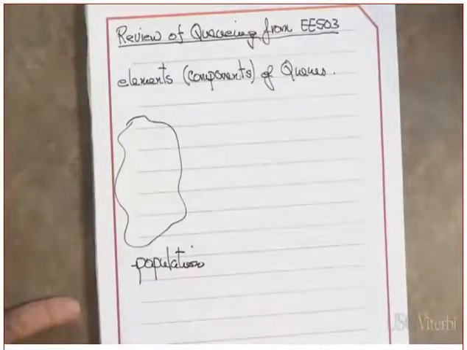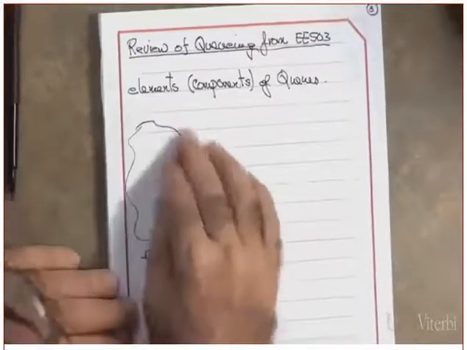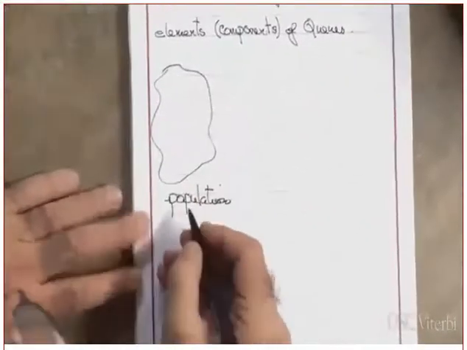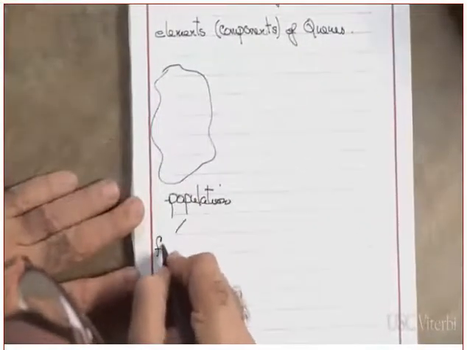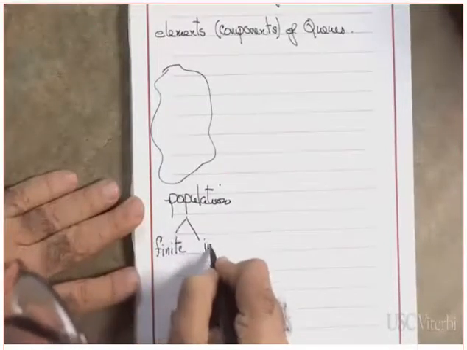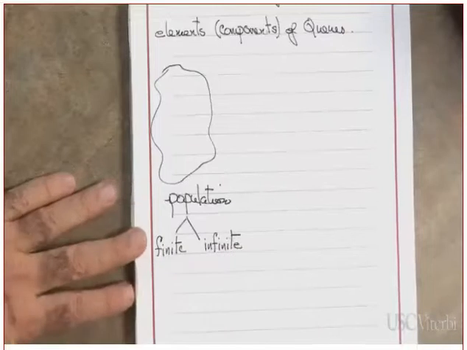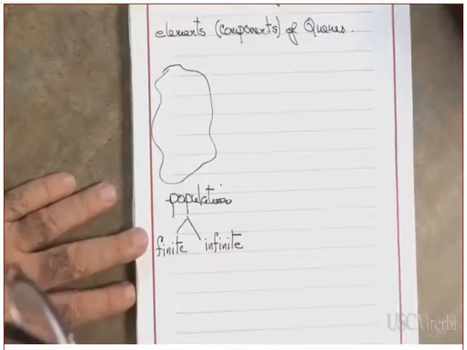What does population mean? The traffic is generated from this population. This population could be finite, or it could be infinite.